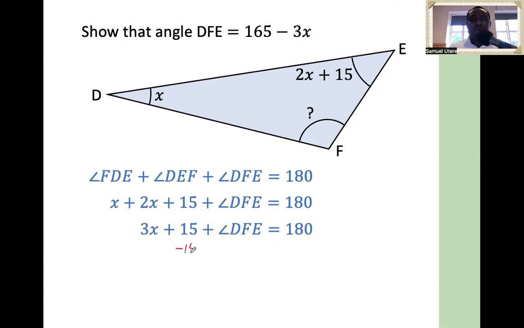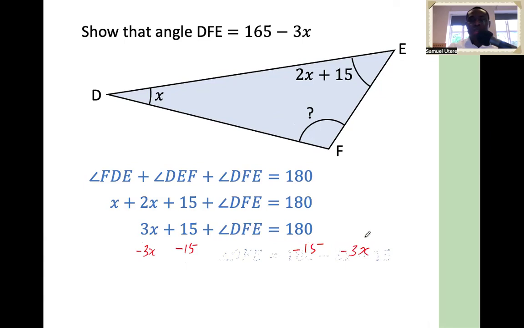So we can subtract 15 from both sides, which will give us 165. You can clearly see that 180 minus 15 will be 165. And next, we can subtract 3x from both sides. So we're doing two steps.